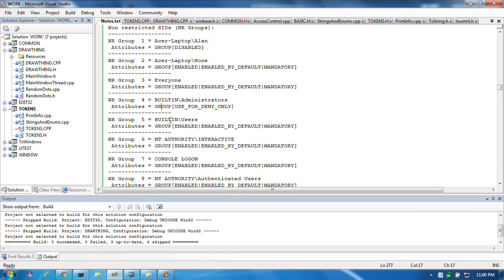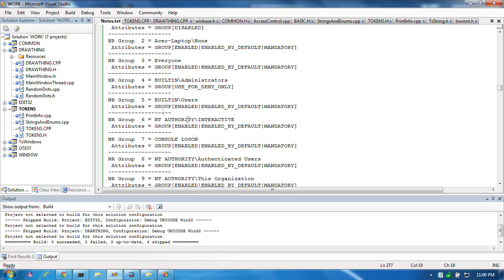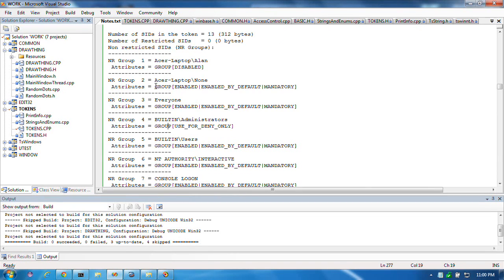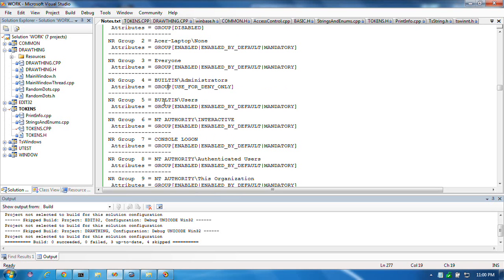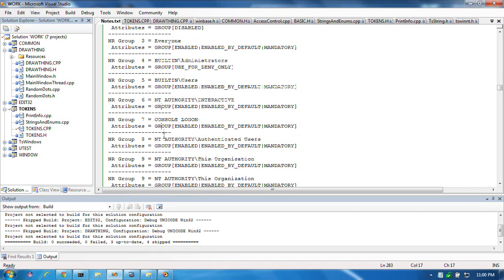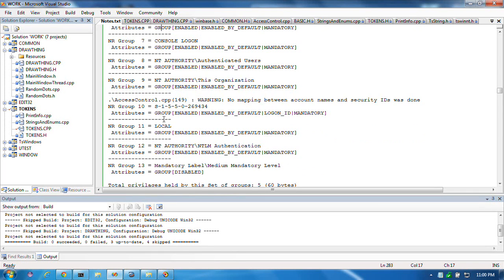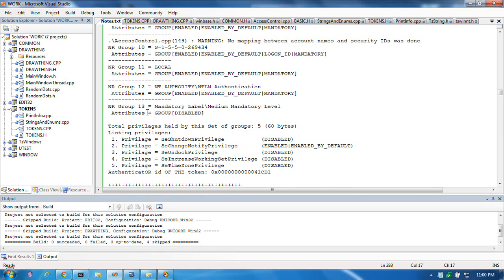So I better not be a member of this group or I'll be denied everything. Now there's a... I don't know if I remember. It's associated. They don't tell you what that means. Anyway, these ones are enabled. Then now there's the weirdo logon one.